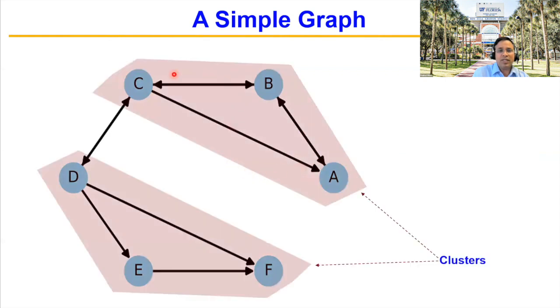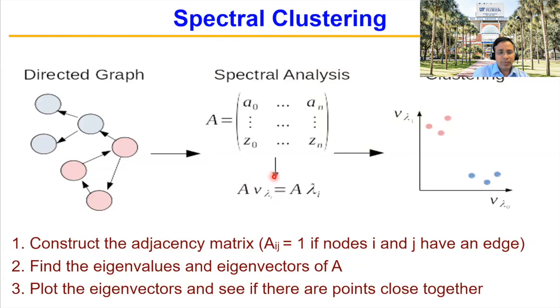We are trying to figure out the clusters where there is strong connectivity, and between them weak connectivity. And the way spectral clustering works, you have a directed graph, then you do spectral analysis, and it's basically a simple computation, and then you figure out certain nodes are close and other nodes are far.